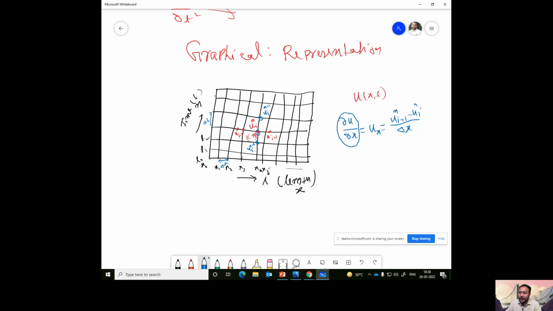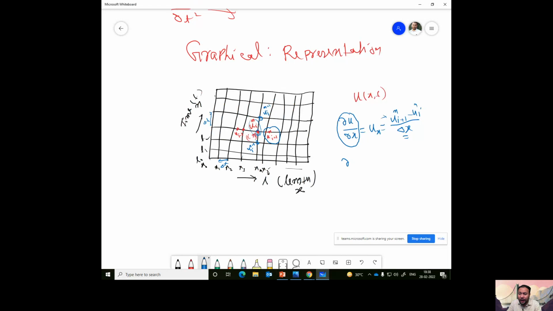The partial differentiation with respect to x can be calculated by taking the value of this point, where I get the value of u i plus 1, n, and this point, where I get u i, n, divided by delta x. What is delta x? Delta x is the distance between two consecutive points along the x-axis.